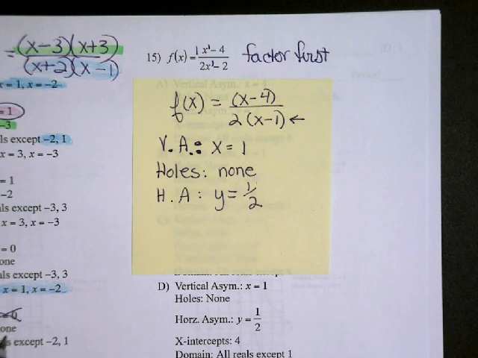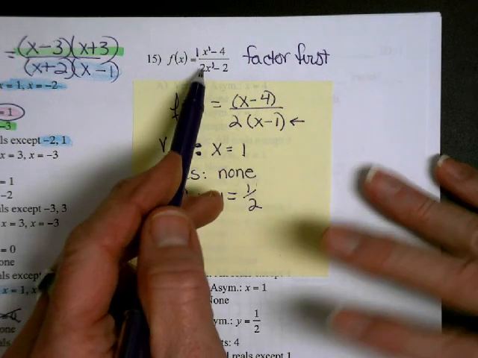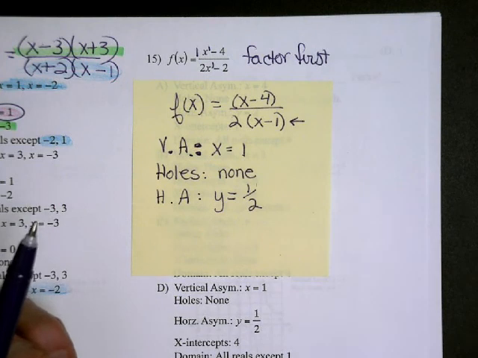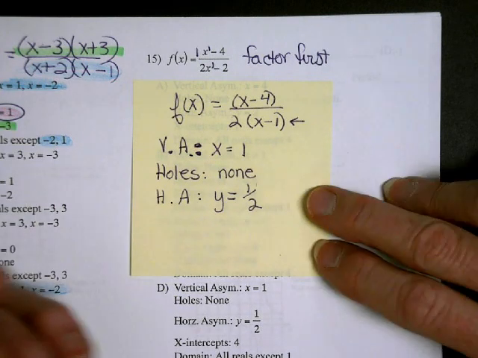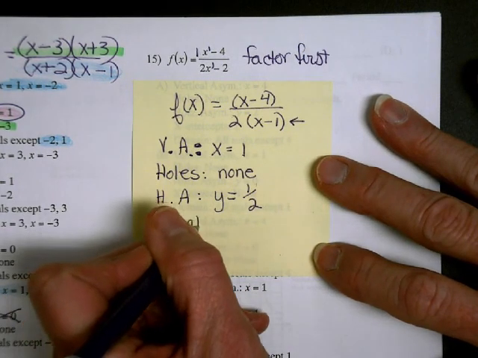But I can only do that if the powers are alike. Can't do that if the powers are different. It's a different rule. It's all about the division. Because x goes into x evenly, we get the result of 1/2. So that's the reason the horizontal asymptote is y equals 1/2.